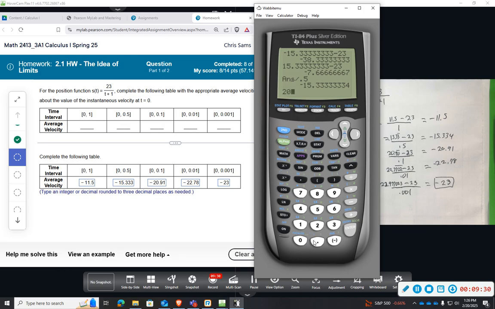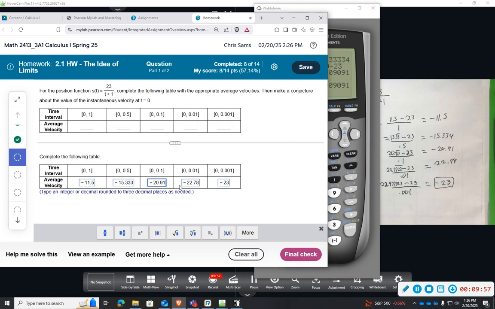So 20, and I'm going to just do several of them, 90, 90, 90, and we're going to subtract 23, divide by 0.1, and when rounded, that will be 20.909. Okay, so yeah, all of these are going to be a little bit different.